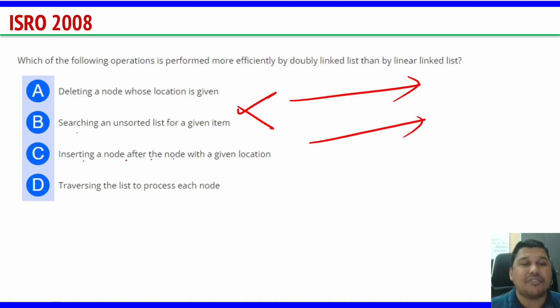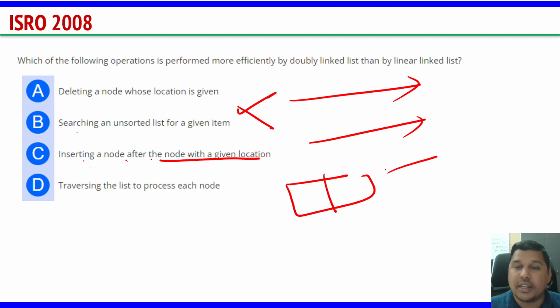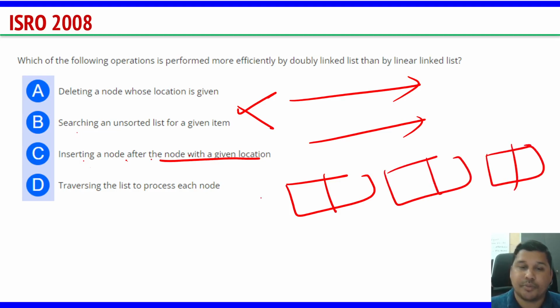Inserting a node after the node with a given location. Again, whether it is single or double linked list, the time taken is almost the same. In a single linked list, this node is given to me, let that be p.